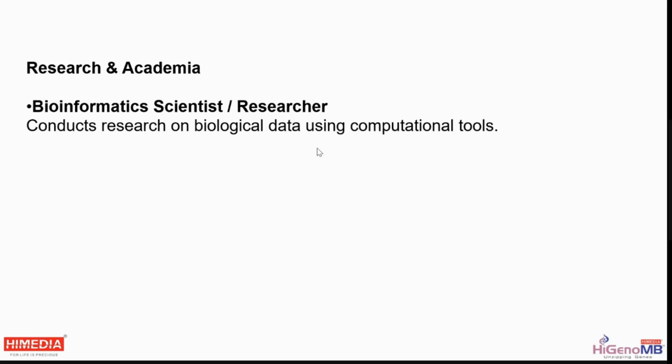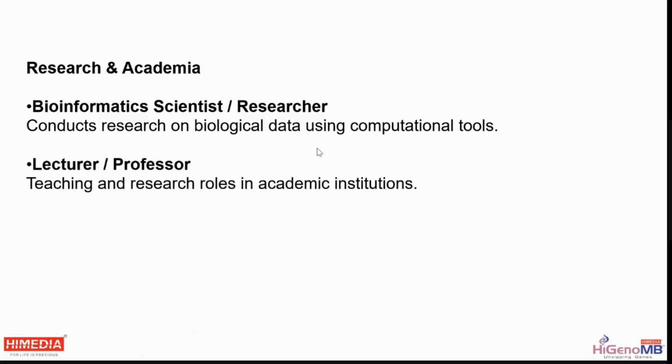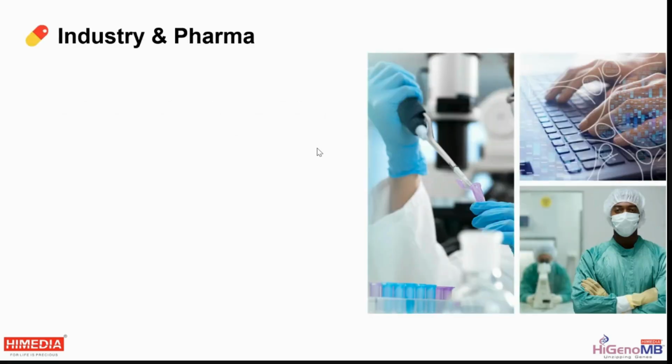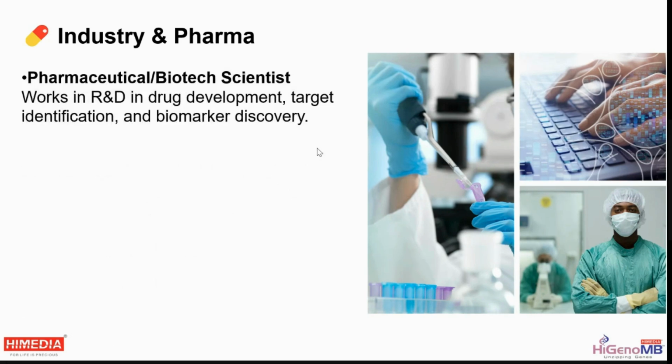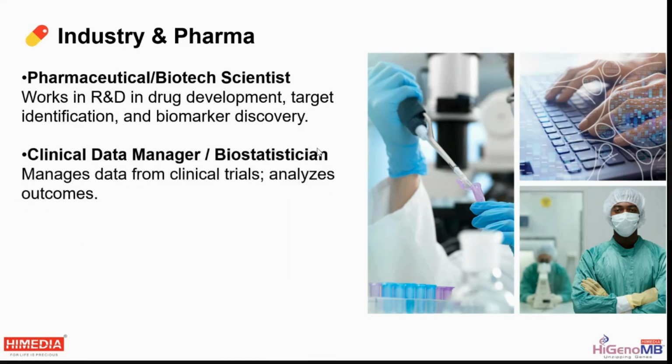In research and academia, you can become a bioinformatics scientist or researcher, where you can conduct different research using different biological models or computational tools. Also, you can become a lecturer or professor for teaching in academic institutes. Another choice is becoming a member of industry or pharma, where you can become a pharmaceutical scientist, a clinical data manager, or a biostatistician.